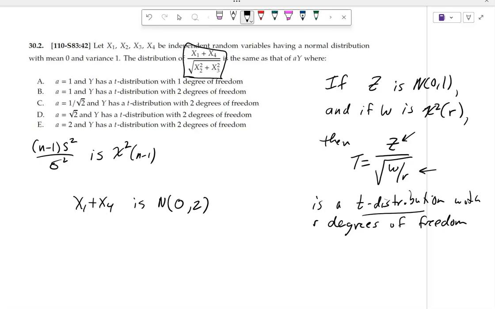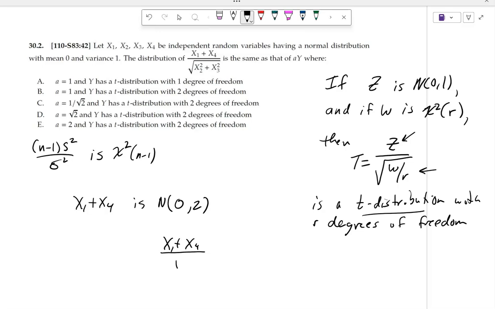No. So if I look at this fraction, just the top for right now, what do you need to put on bottom to make that a standard normal? Be a little bit careful. What goes on the bottom? Not the variance, but the... What do you divide by when you do your z-score?